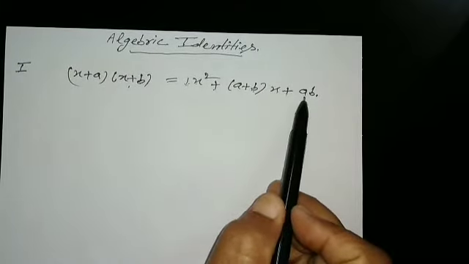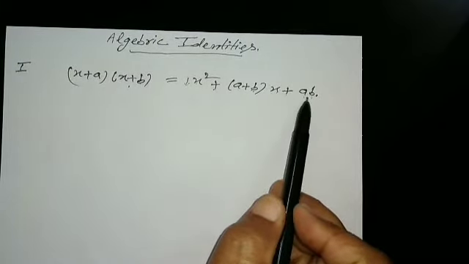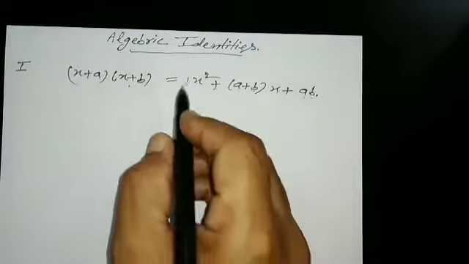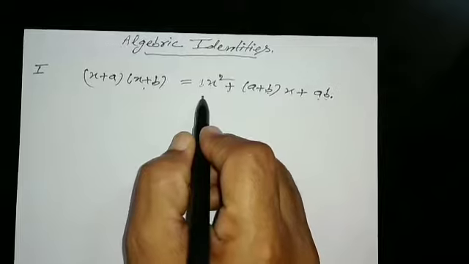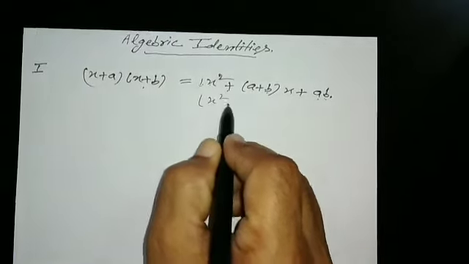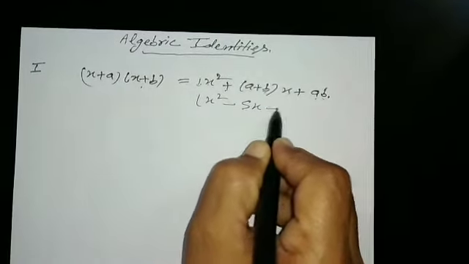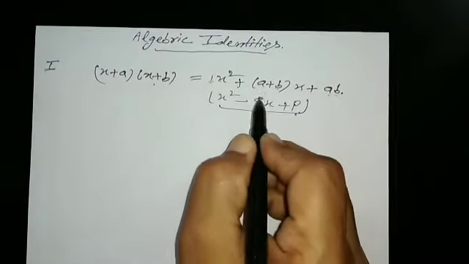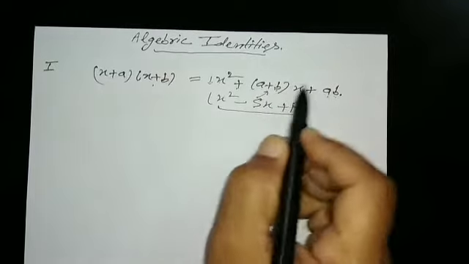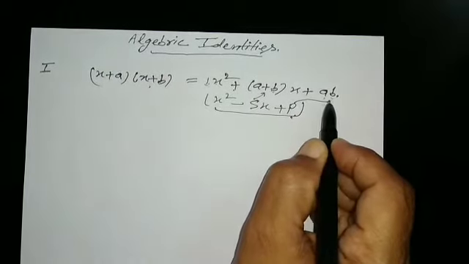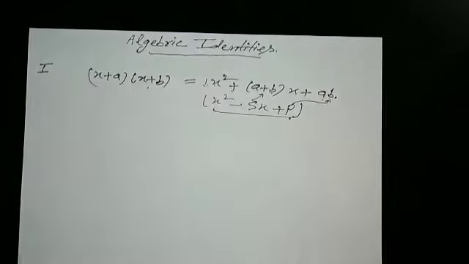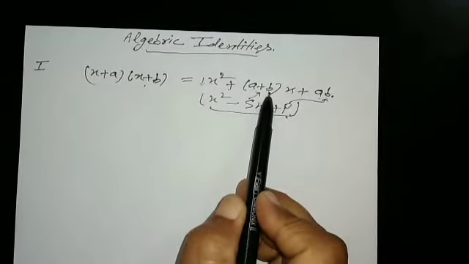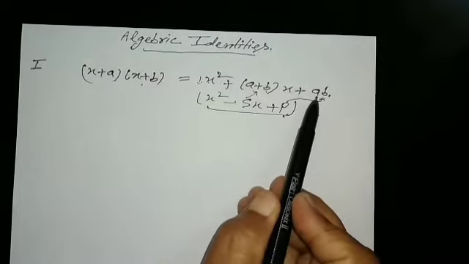And the third term, the constant term, is the multiplication a into b. So you can remember it in the form x square plus sx plus p. What is s? s is the sum of the two values, and p is the product of those values. So a and b are fixed; this is the sum and this is the product.